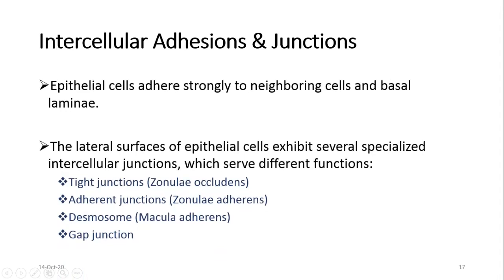The lateral surfaces of the epithelial cells exhibit several specialized intercellular junctions. These serve different functions. The first type of junctions is the tight junctions, zonula occludens. Then the adherent junctions, zonula adherens, desmosome, macula adherens, and the gap junction.